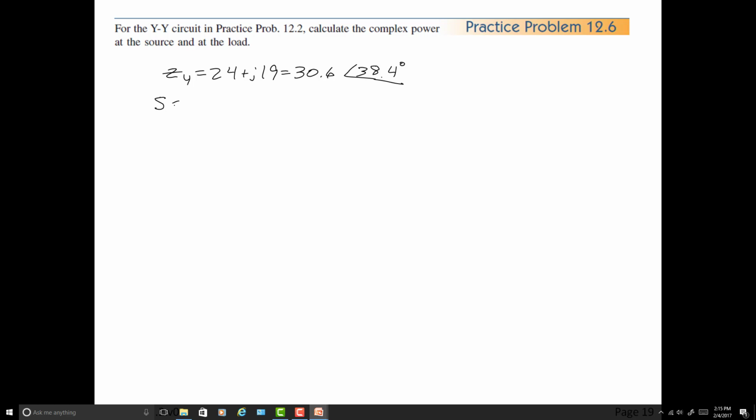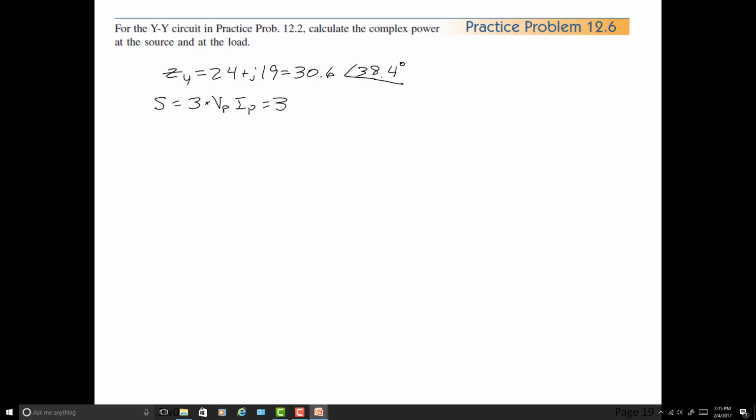So the apparent power to the total load will be 3 times VP IP. All right, VP we had that from back in that problem, or we can take the V of the phase.